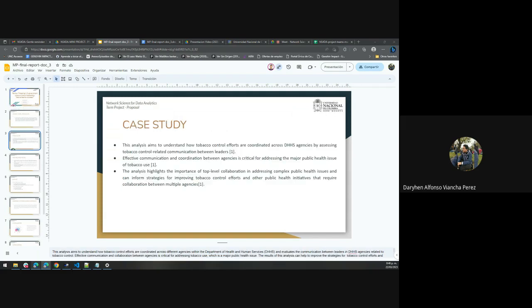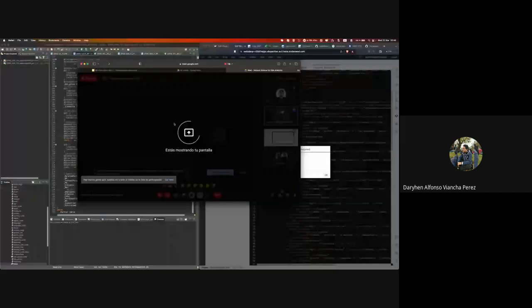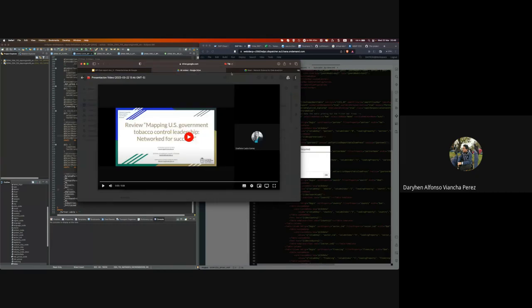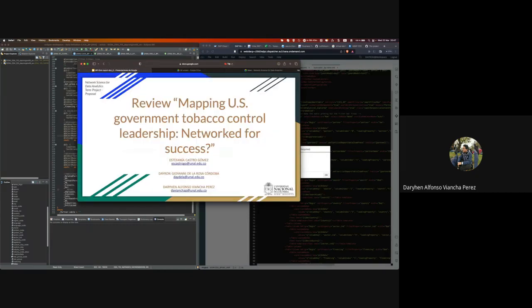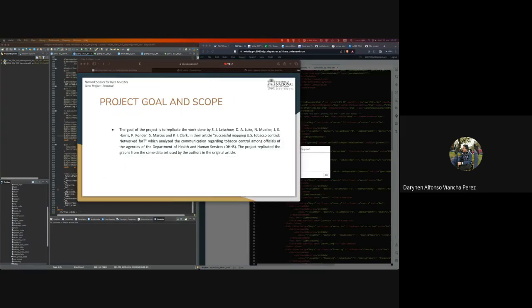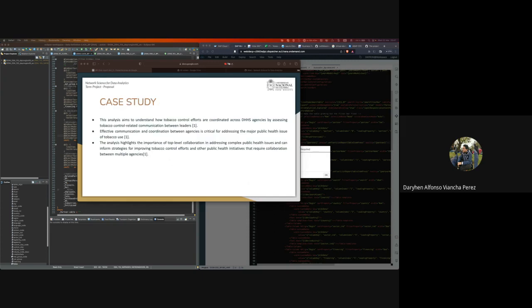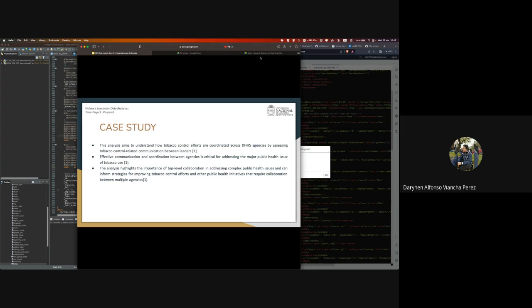We try to understand how tobacco control efforts are coordinated across different agencies within the Department of Health and Human Services, and evaluate the communication between leaders in each agency related to tobacco control. This communication between the agencies is critical to addressing tobacco use.